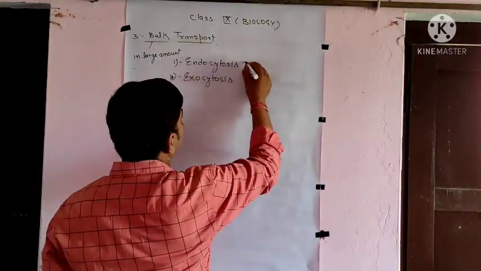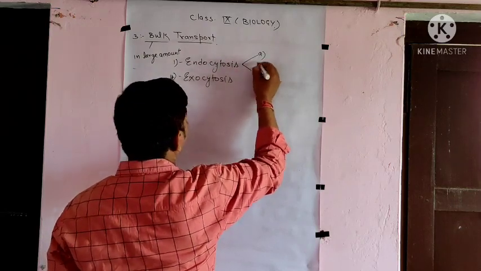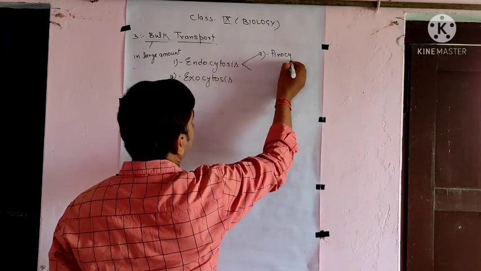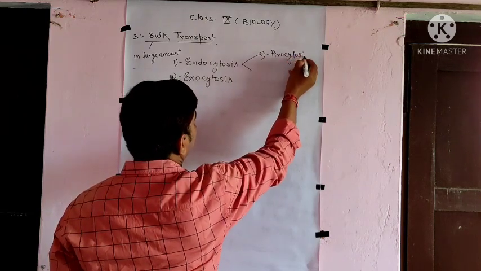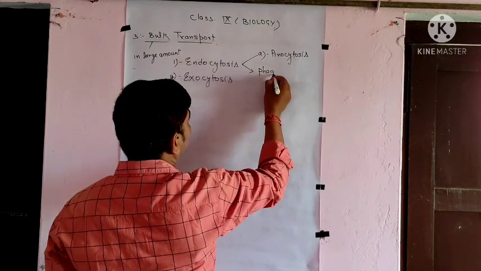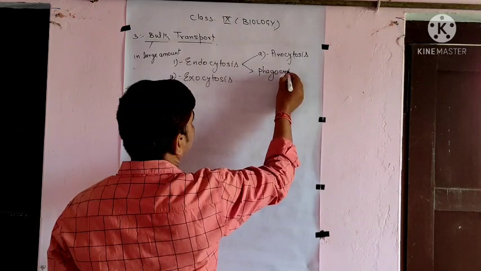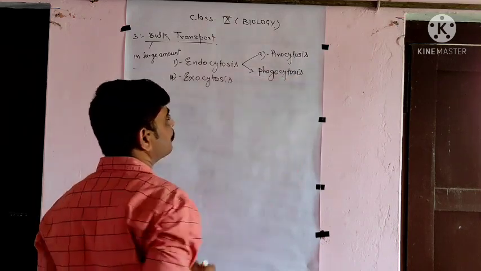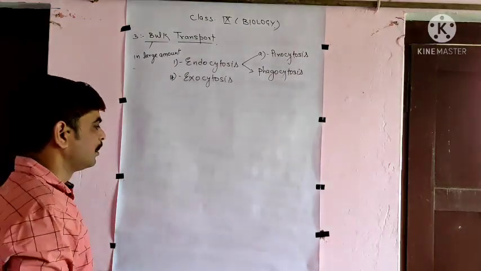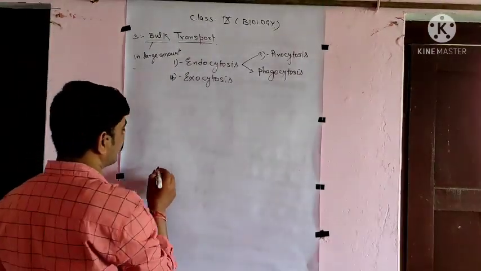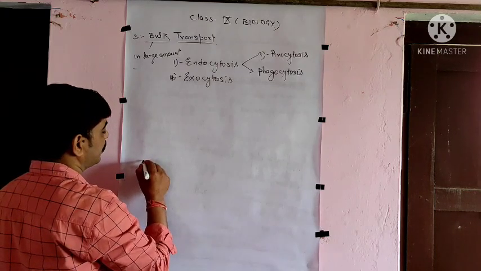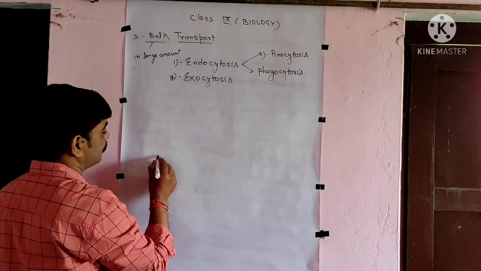And endocytosis is also of two types, pinocytosis and phagocytosis. So let's study them one by one. Let's try to draw the picture of a plasma membrane in this way.